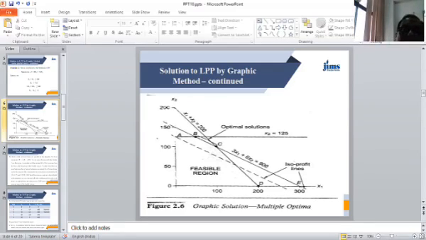As I have said earlier, each line divides the first quadrant into two halves, upper half and lower half. Because the constraint is of less than or equal to type, the solution will exist in the lower half of the plane formed by this line.